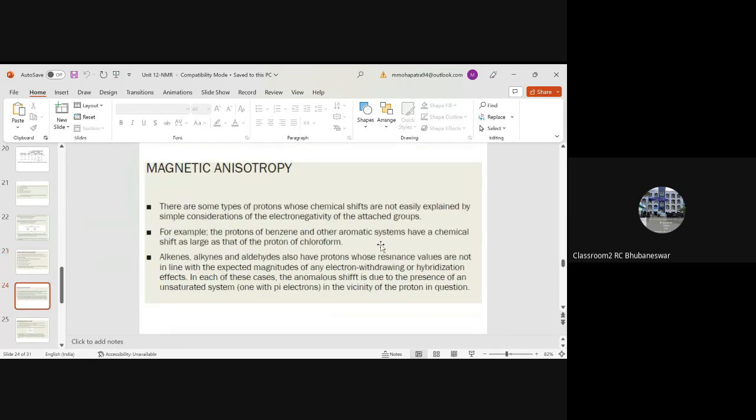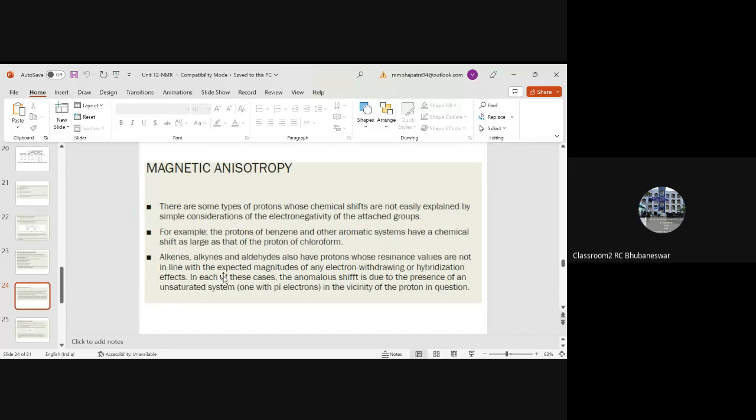These slides I will also share with you, because this is the only slide I have prepared. So magnetic anisotropy, what is that? There are some types of protons whose chemical shifts are not easily explained by simple considerations of electronegativity of the attached groups. For example, the protons of benzene and other aromatic systems have a chemical shift as large as that of the proton of chloroform.